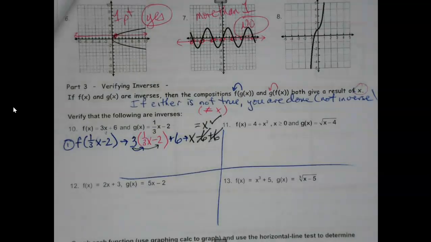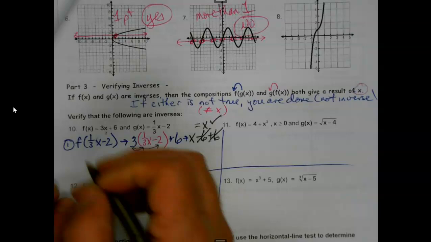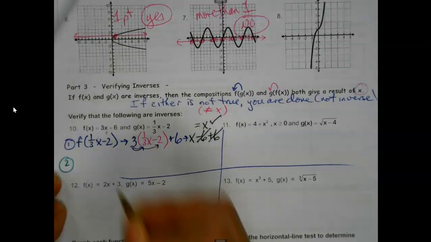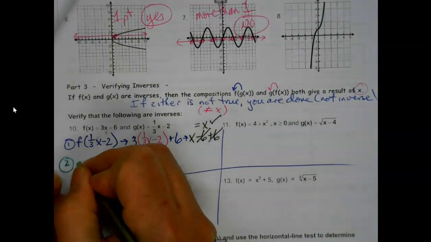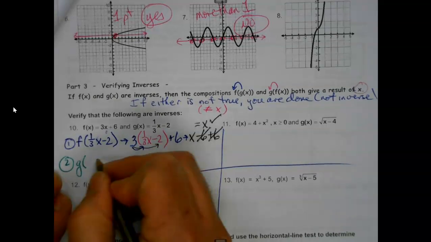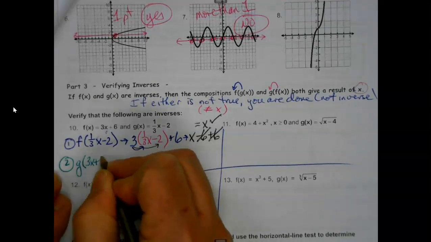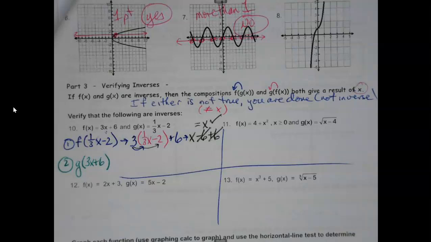So we passed on the first part. F of g of x was x. So since the first part worked, now I have to do the second part, which is flipping them around. Now I'm going to do g of f of x.